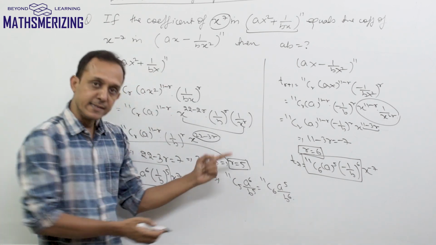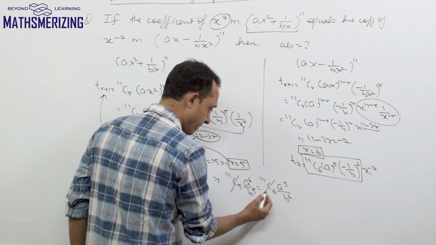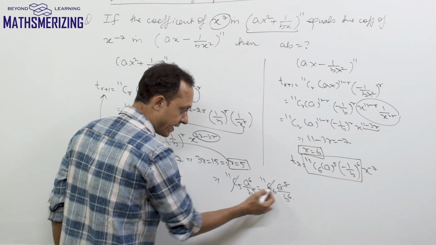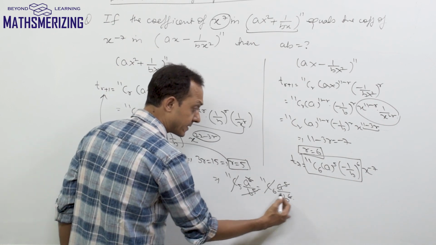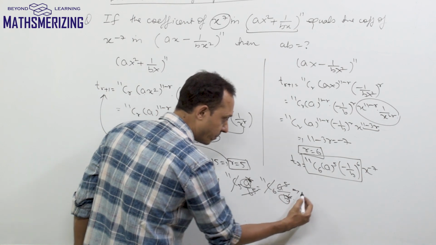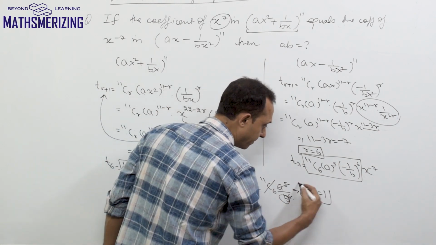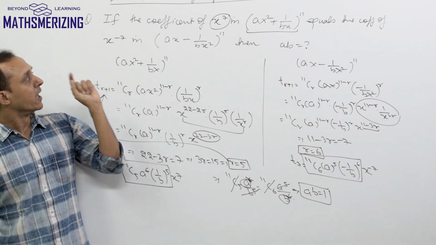Now nCr is the same as nC(n minus r). So 11C5 is the same as 11C6. Now a to the power 6 and a to the power 5, it gets cancelled 5 times, and b to the power 5 and b to the power 6, it gets cancelled 5 times. So the value of a into b will be simply 1. So this is how we use general terms in the binomial theorem.